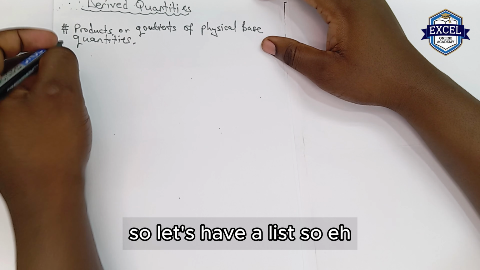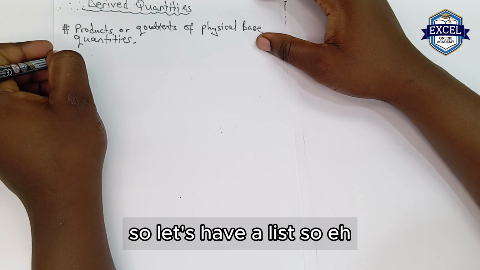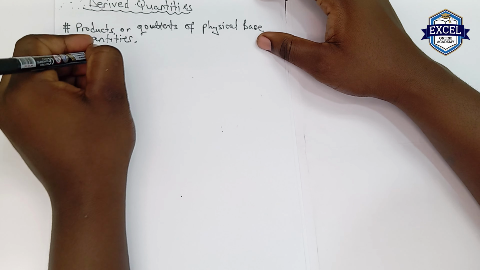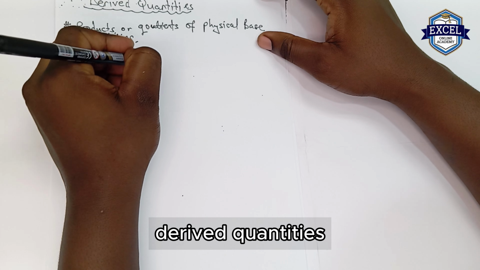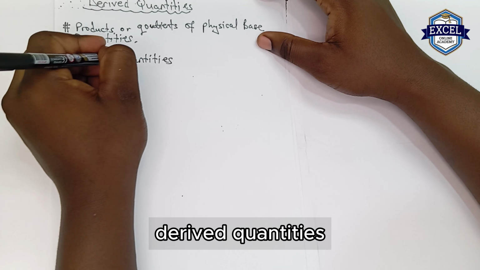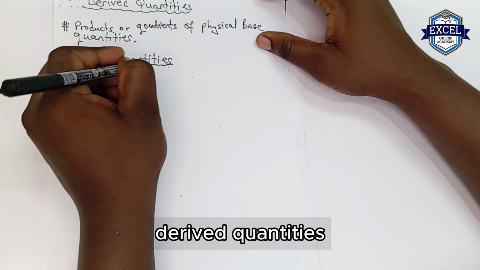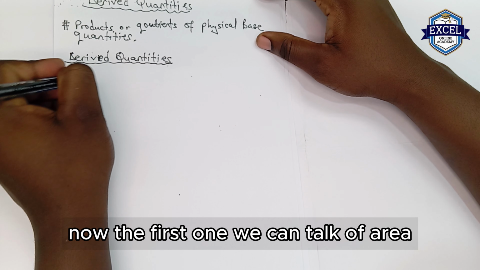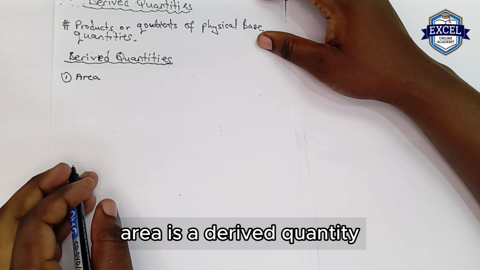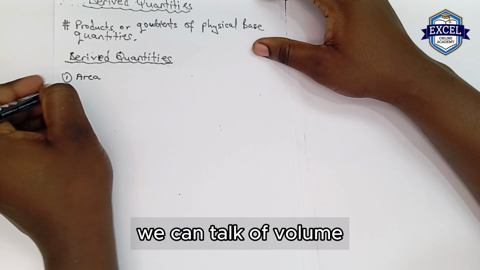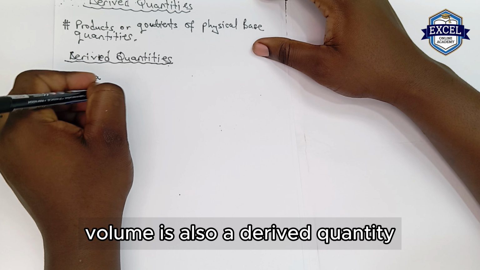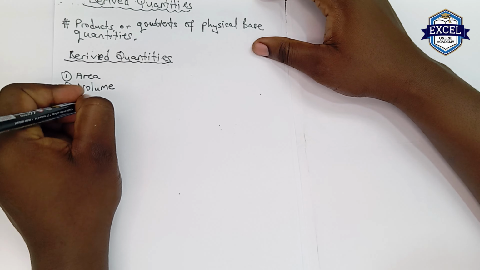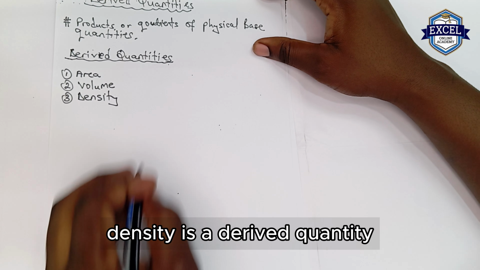So let's have a list of derived quantities. The first one, we can talk of area. Area is a derived quantity. We can talk of volume. Volume is also a derived quantity. We can talk of density. Density is a derived quantity.